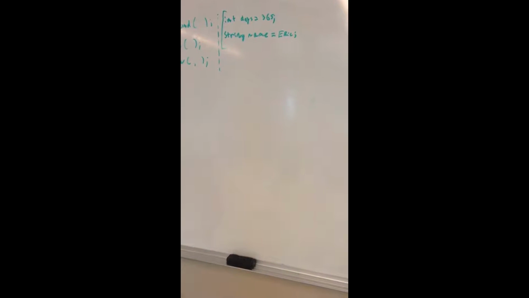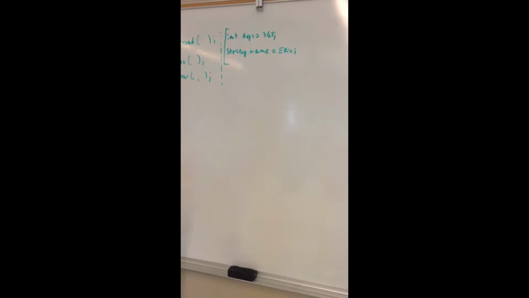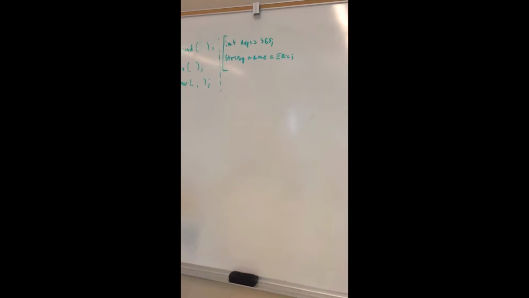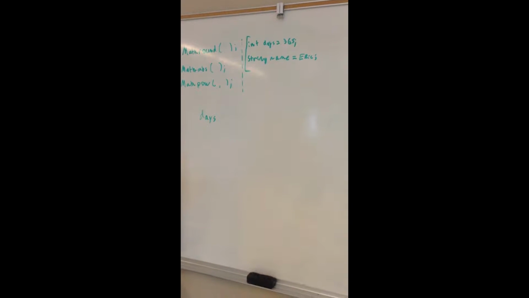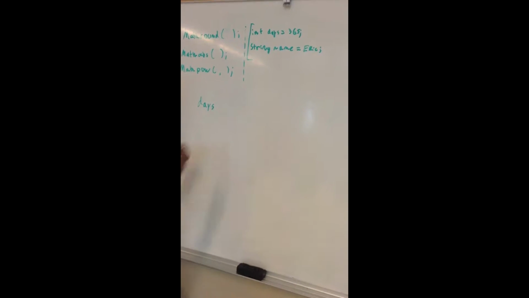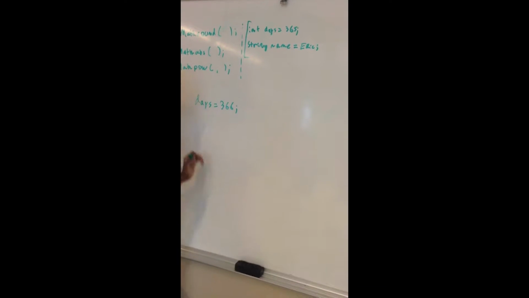Great. Once we have this assignment right here, we don't have to say int in front of it every time. So now we can say days. On a leap year, how many days are in a leap year? It isn't a hard question. 366, there we go. Does that make sense?